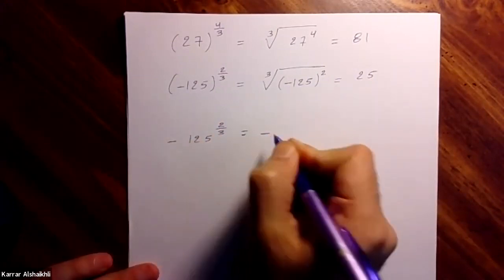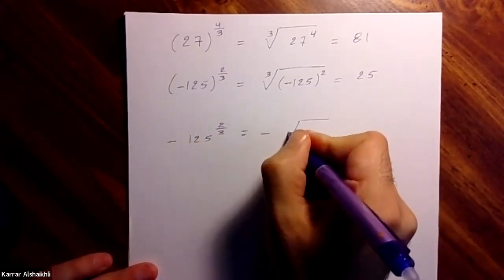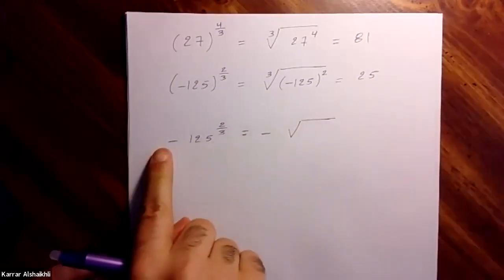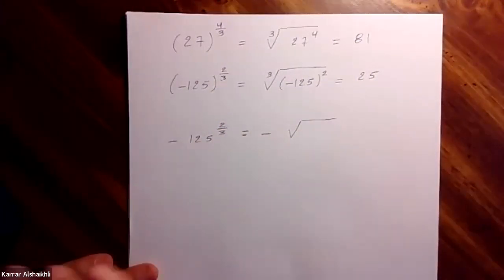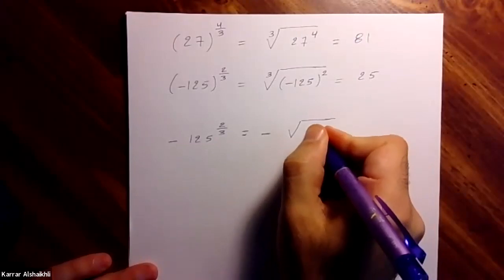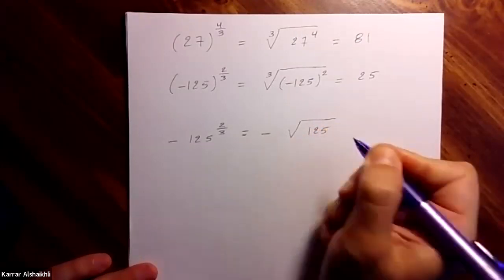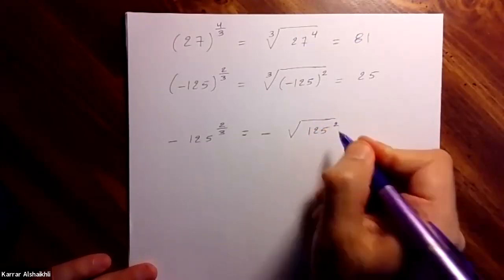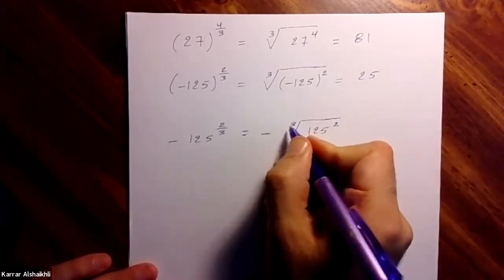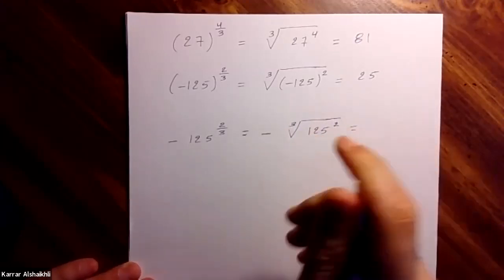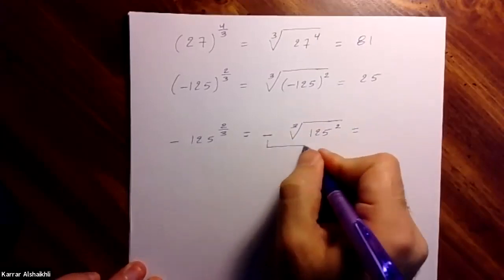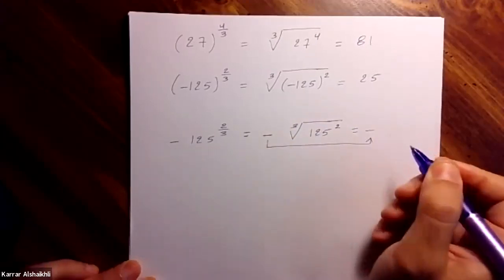So you're going to put the negative sign and you're going to put the radical here. The negative sign is still outside. Now I'm going to write 125 inside. The exponent is 2 and the radical is 3. The negative sign is still outside, so I write the negative sign here.